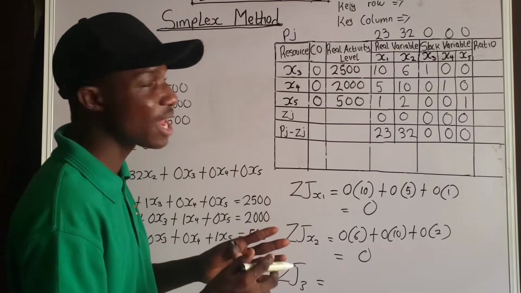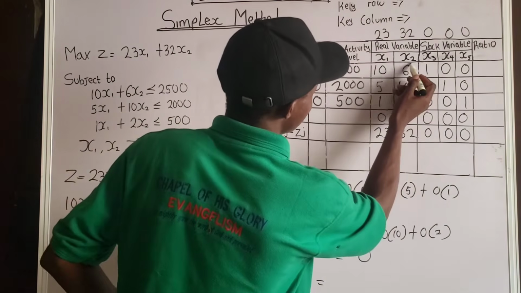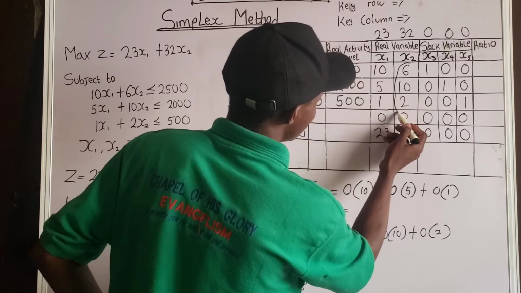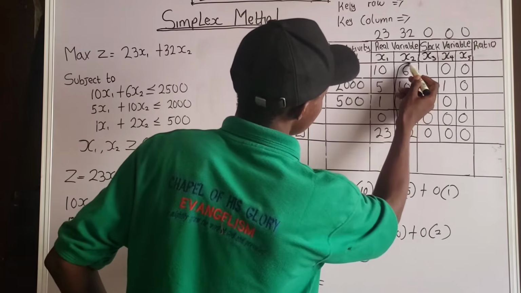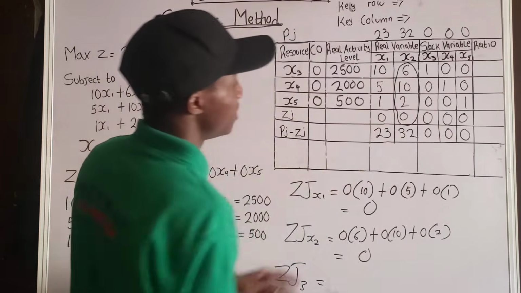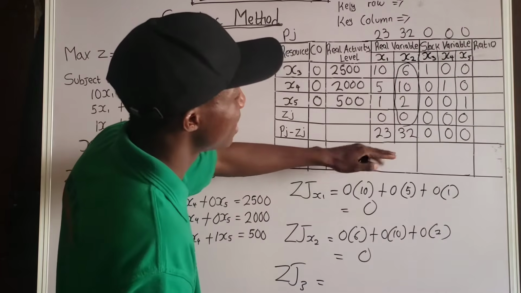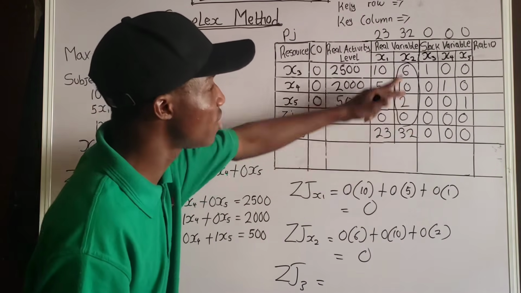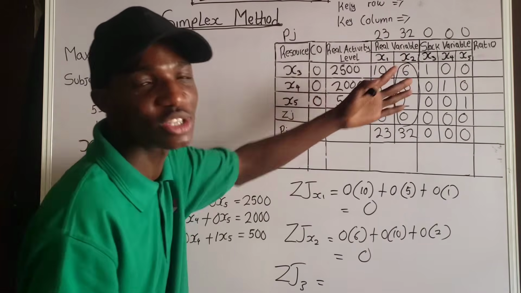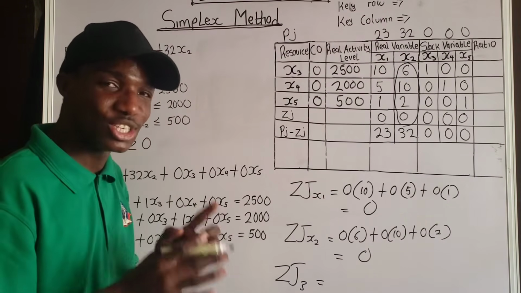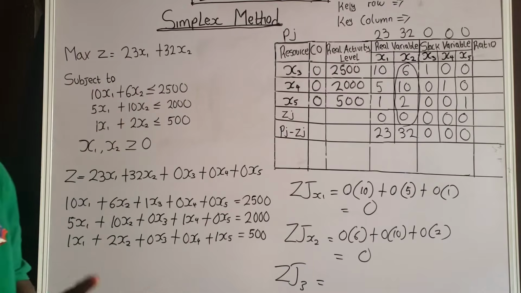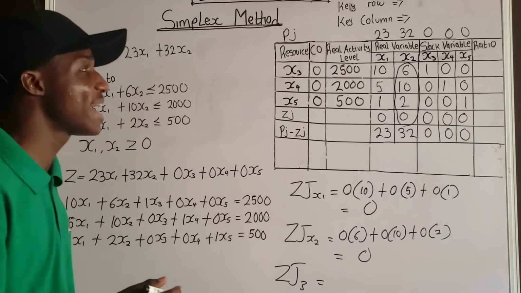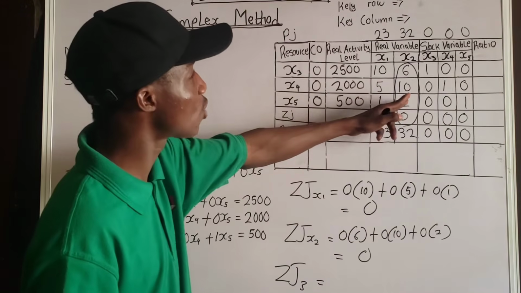So this is the key column, because the highest value of pj minus zj is 32 and it belongs to x2. Do you understand? Okay, now we have gotten the key column, which is column x2.